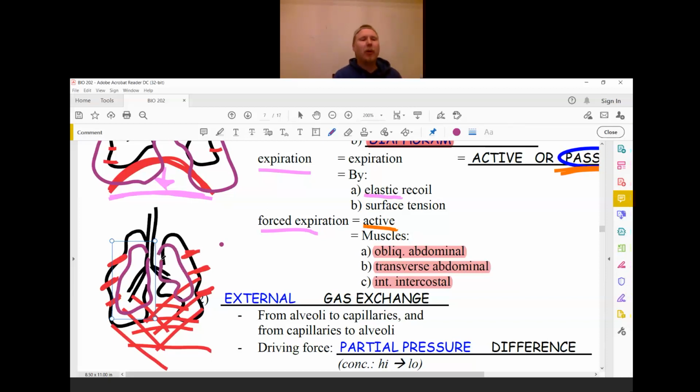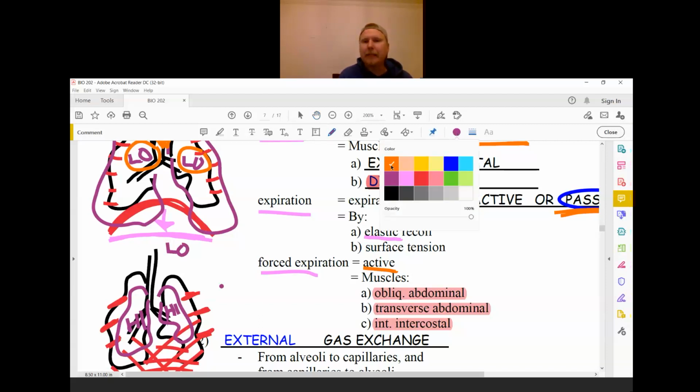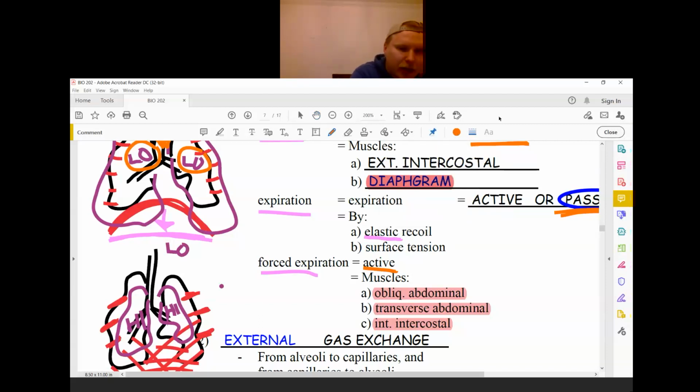And as these are smaller, now we are generating a high pressure inside the lungs, whereas in comparison it's going to be low pressure in the outside environment. This is the explanation for the direction of the movement of the air. So air always moves from areas of high pressure to areas of low pressure. So we are breathing out by making the space of the lungs smaller.